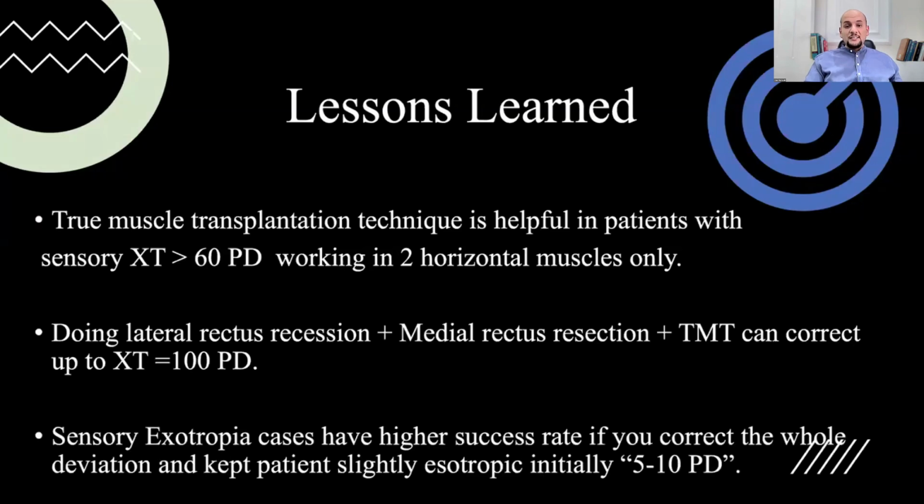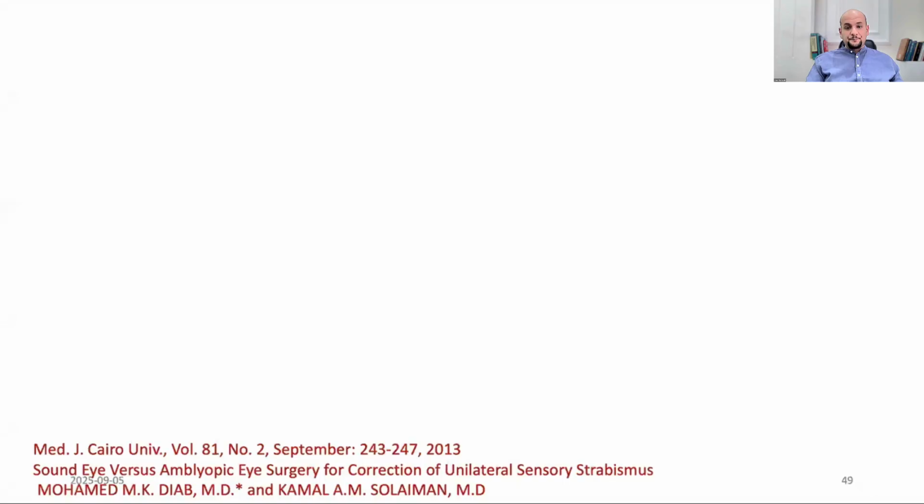Sensory exotropia cases have a higher success rate if you correct the whole deviation and keep the patient slightly esotropic initially, 5 to 10 prism diopters of esotropia, because those patients have a tendency for outward drifting after the surgery. So if you keep the patient with a very small esotropia, 5 to 10 prism diopters, usually you will get long-term stable results.